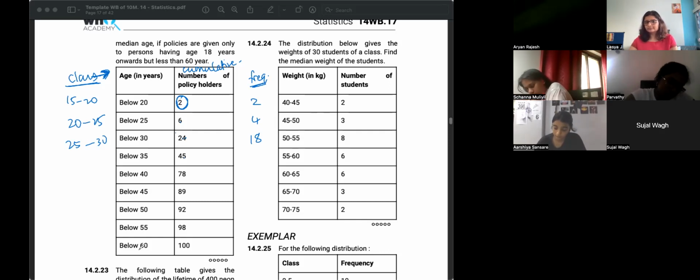Ma'am, 55 to 60. Median class, Sujal. Median मतलब halfway point.